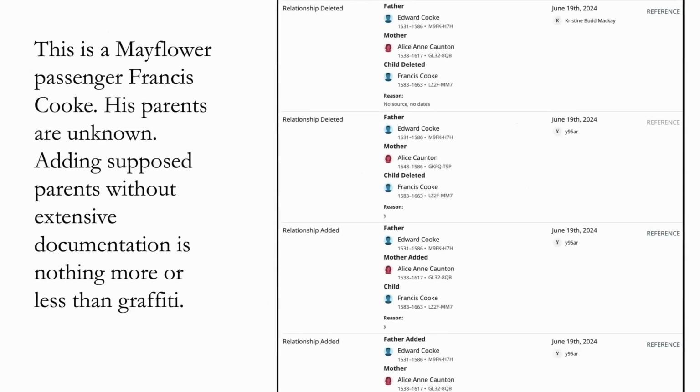So this is Francis Cook. This is what it looks like on his change order. It's show all changes. And the given for this is that his parents are unknown. They've never been known. I learned this very early.